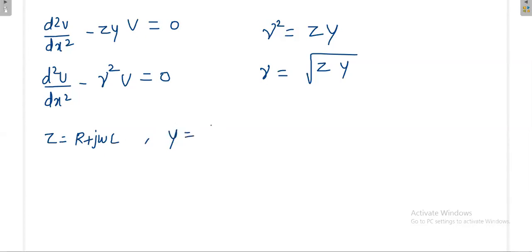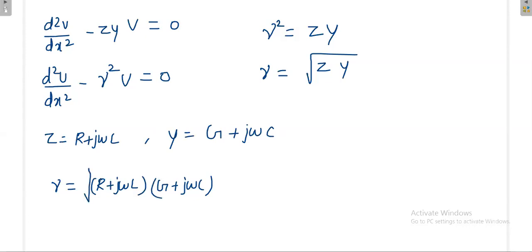Similarly, for Y, G plus j omega C. G means conductance of the line, and C means capacitance per unit length of the line. Then gamma is equal to square root of (R plus j omega L) and (G plus j omega C).